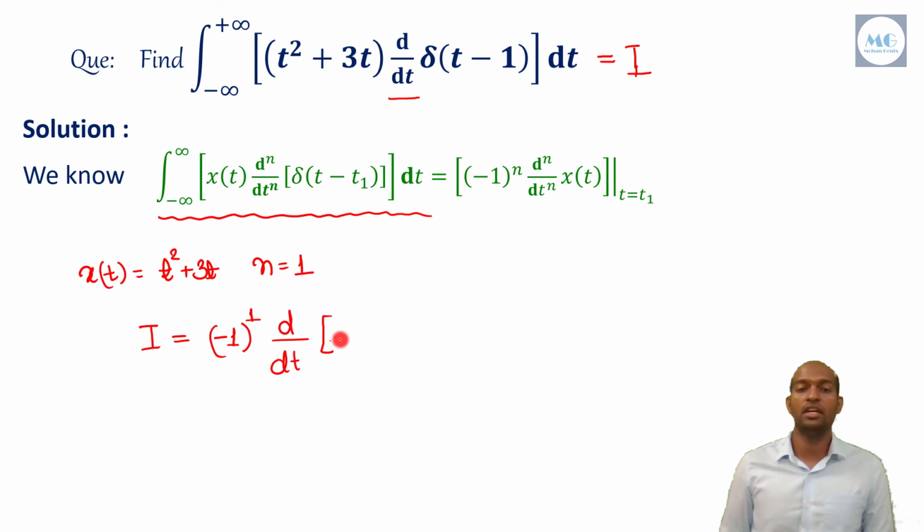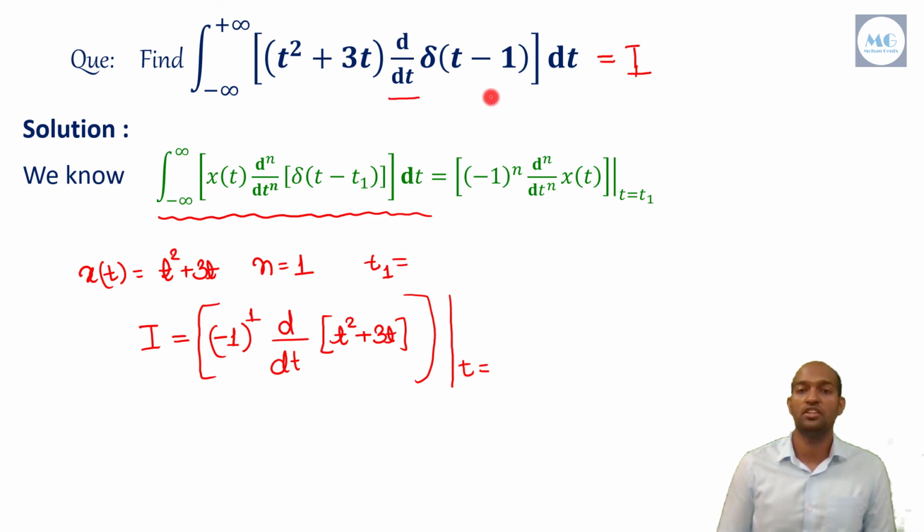What is x(t)? t square plus 3t. And at last we have to put t equal to t1. What is t1 in this case? t1 in this case is 1, so I am writing it here as 1.